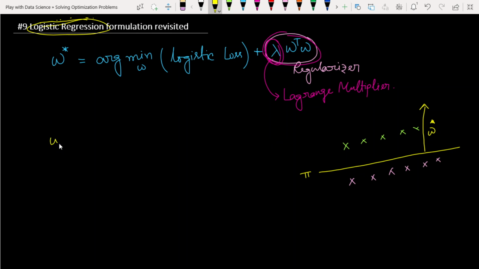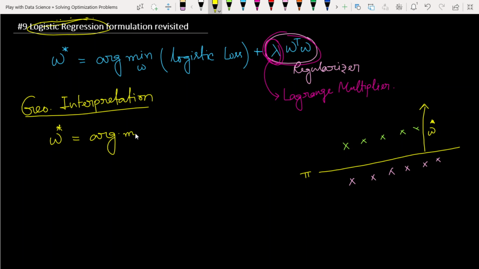So let's write this down geometrically. In the geometrical interpretation, we find the optimal W, that is our argmin over W of simply the logistic loss function, and this W is the normal to the plane.